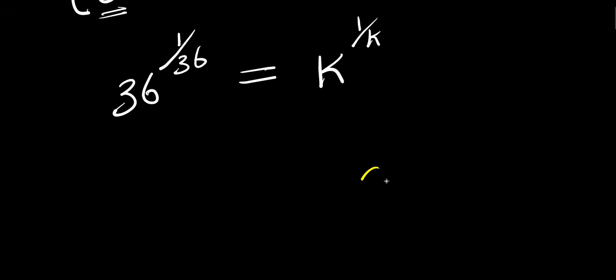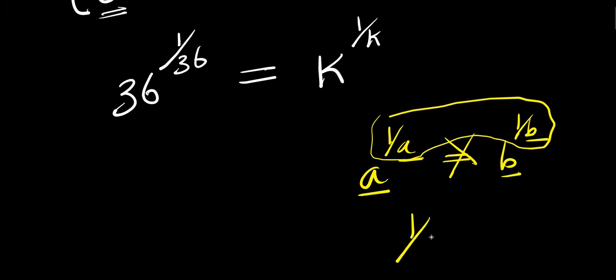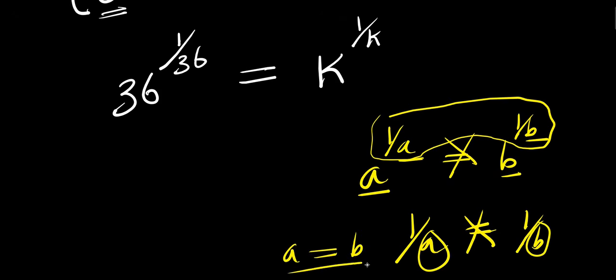When you have a power 1 over a equals b power 1 over b, you can compare the exponents. If you have 1 over a equals 1 over b, then you cross multiply: a times 1 is a, b times 1 is b. That means a equals b.